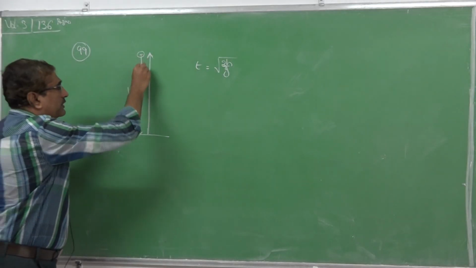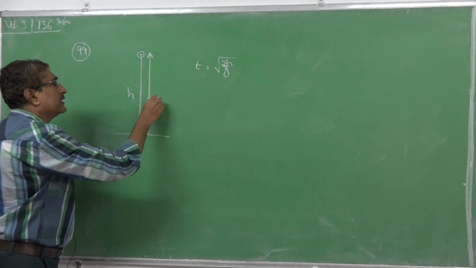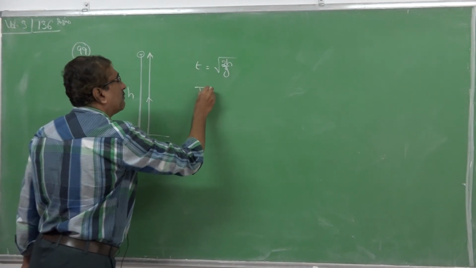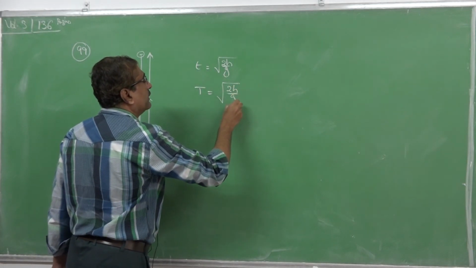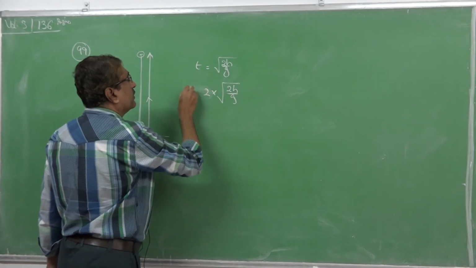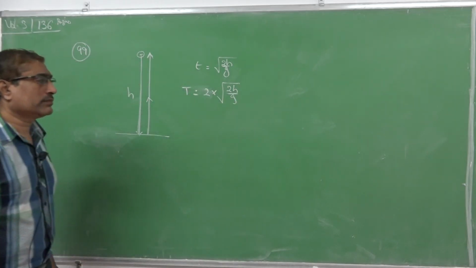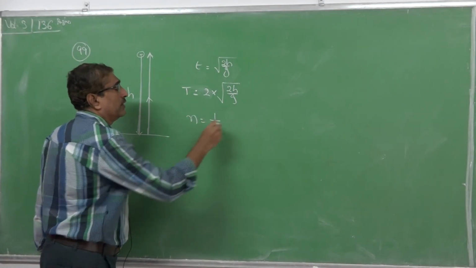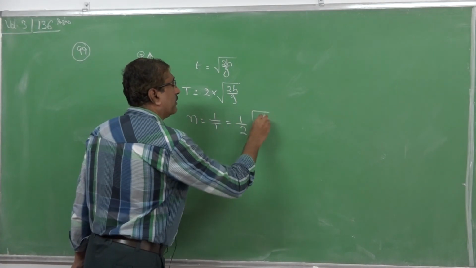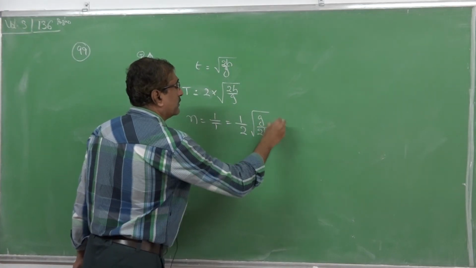So time of descent is square root of 2h by g and time of ascent is also square root of 2h by g. So the total time period T is 2 times square root of 2h by g. Now frequency n is equal to 1 by T, that is 1 by 2 square root of g by 2h.